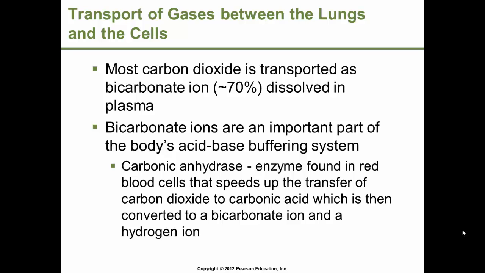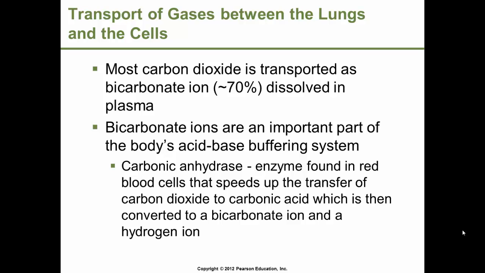Bicarbonate ions are an important part of the body's acid-base buffering system. The pH of blood should be maintained around 7.45. Even movement to a lower pH of 7.35 or up to 7.6 can result in death. So maintaining the acid-base balance within the blood is very important.